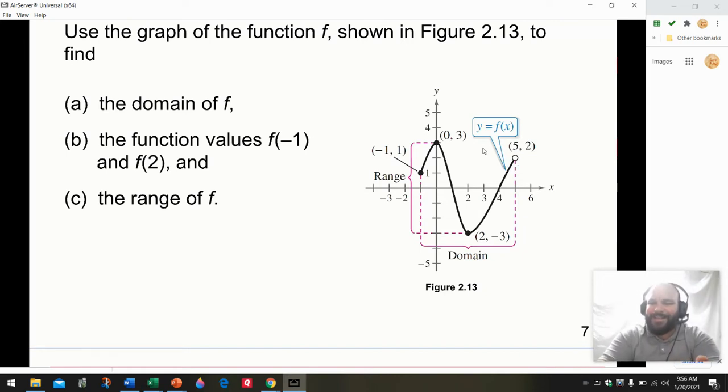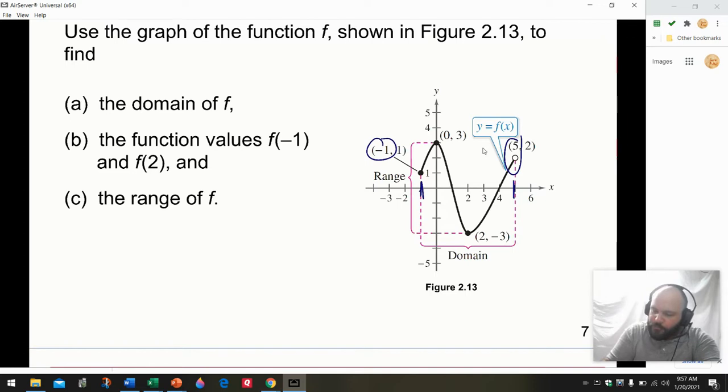So what you need to see is the domain is simply how far left and right the graph extends. So looking at this graph, the very farthest to the left that this graph goes is going to be negative 1. And the very farthest to the right that this graph goes is 5, but it does not touch 5. So it means it's included up to, but not including 5.